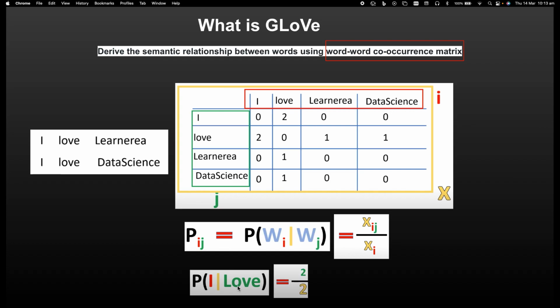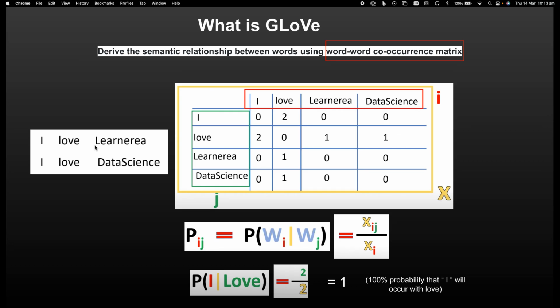Love is present 2 times close to I, and the total number of I in the whole corpus of data is 2. So the probability is 1, which means there is a 100% probability that I will occur with love, given this data. It's just based on this data.